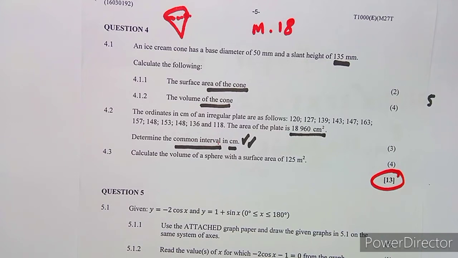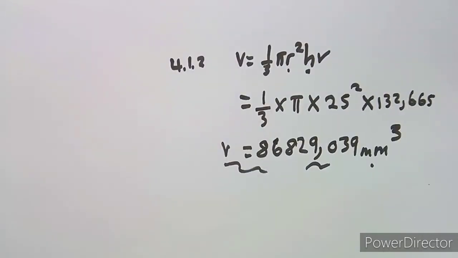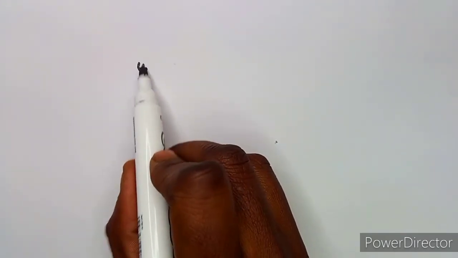Remember, I talked about this, and the formula that you're going to apply whenever you are working with the area of an irregular shape. I don't know if it is clear here, but this is 4.2.